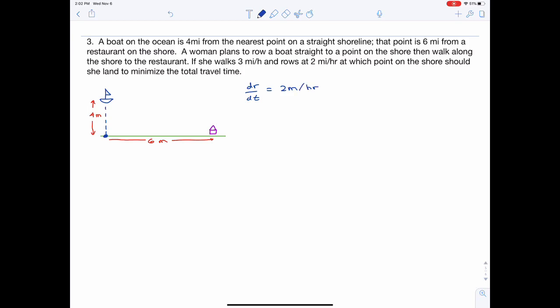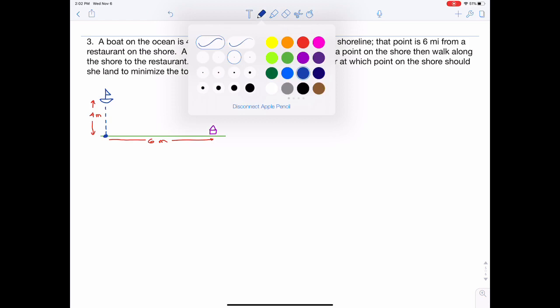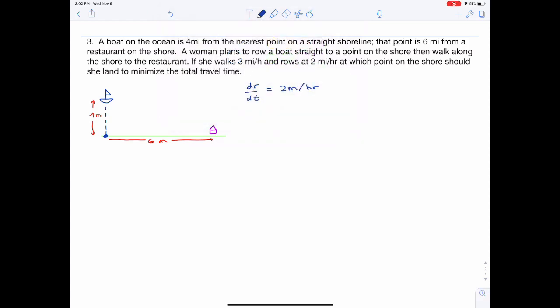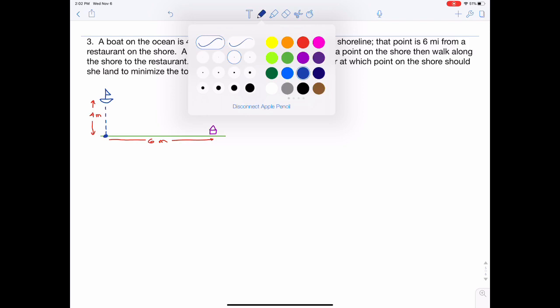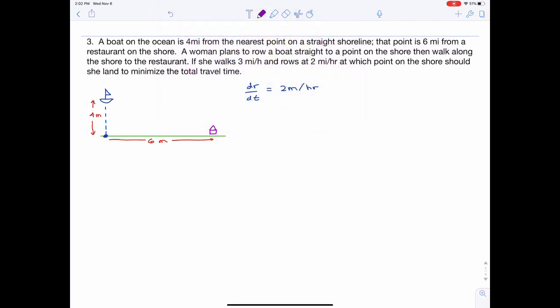And when she walks, let's get some variables in here before I do that. Before I put in the walking rate, let's look at what's going on here.